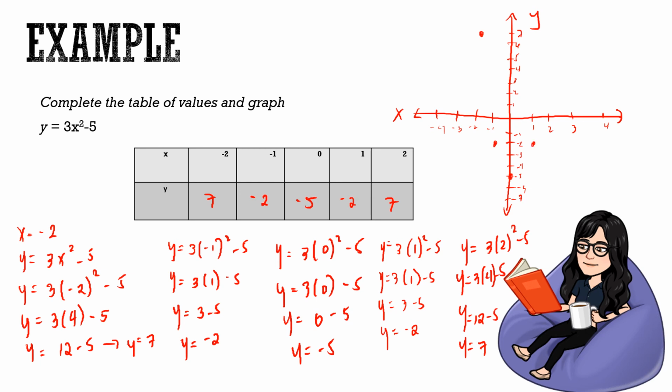And then 2 and positive 7. Okay. Then connect the dots. Okay. So as you notice, again, since it is a quadratic function, that's why the graph becomes a parabola.